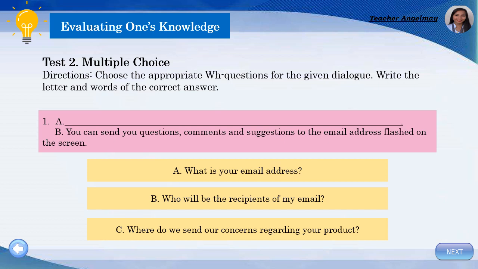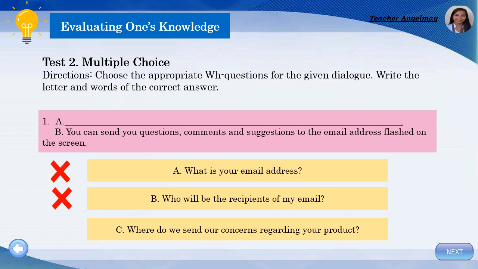Let's now proceed to test 2. Choose the appropriate WH question for the given dialogue. Write the letter and words. Number 1. You can send your questions, comments, and suggestions to the email address flashed on the screen. What is the answer for this?